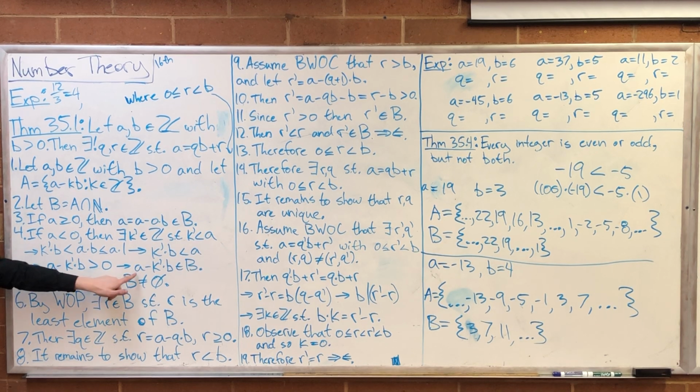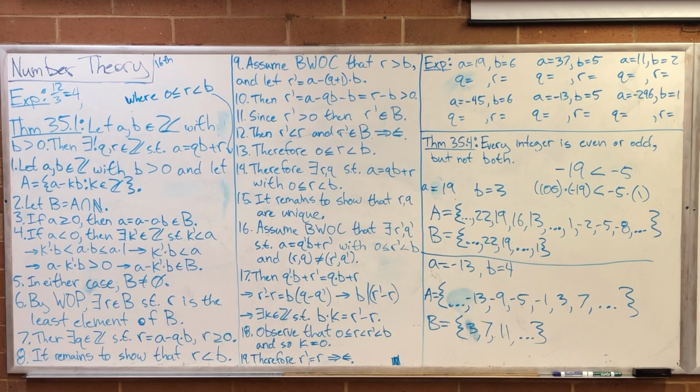Which gives me that a minus k prime times b is a number greater than 0 that can be written as a plus an integer times b. We could have written this as a plus negative k prime times b. Same thing. Subtraction is addition, right? Yeah. So this is a plus an integer times b.